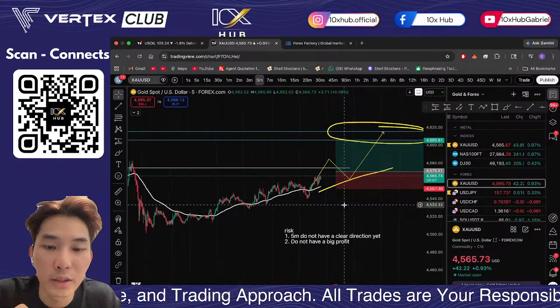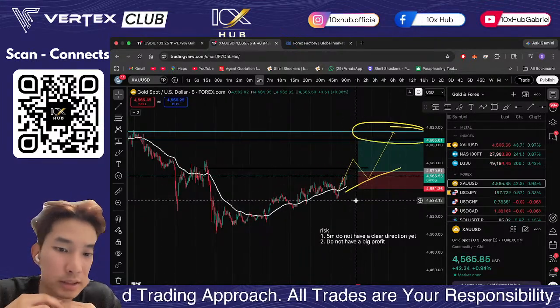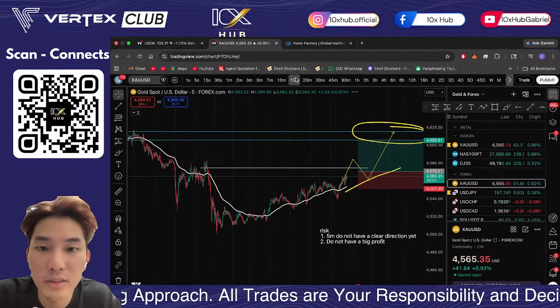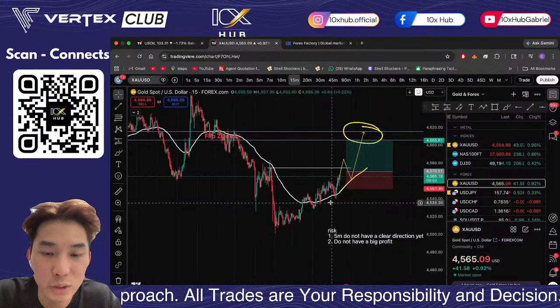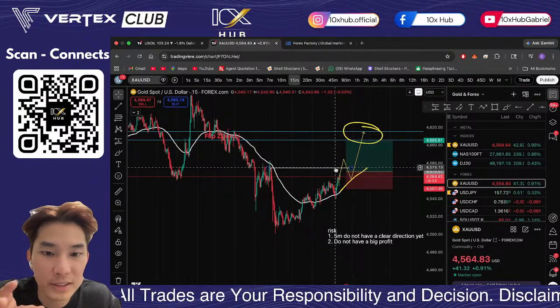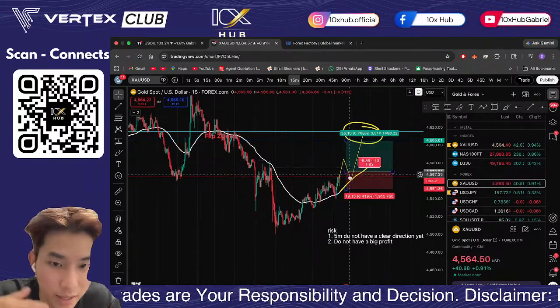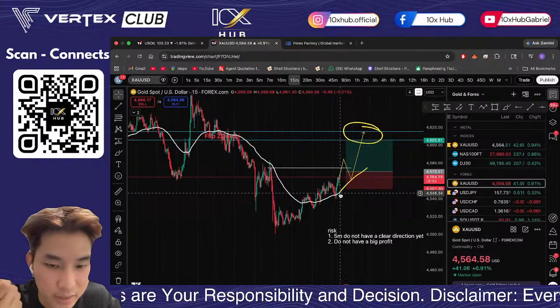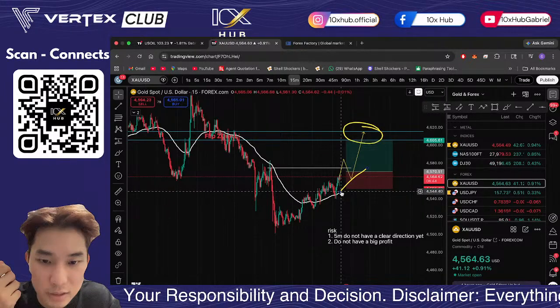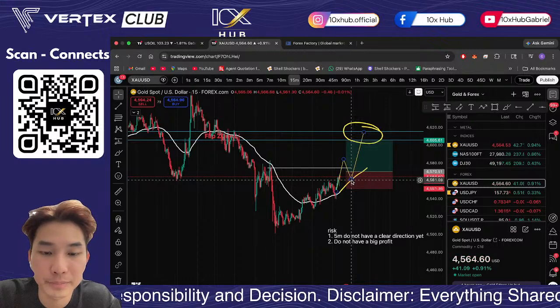So which means this is the risky part if we wanted to do any trade because they are against each other. If this 15 minute really closes above this level, which is 4575, and it retraces back to this white color line, yes, we can make a decision whether to enter this trade or not.